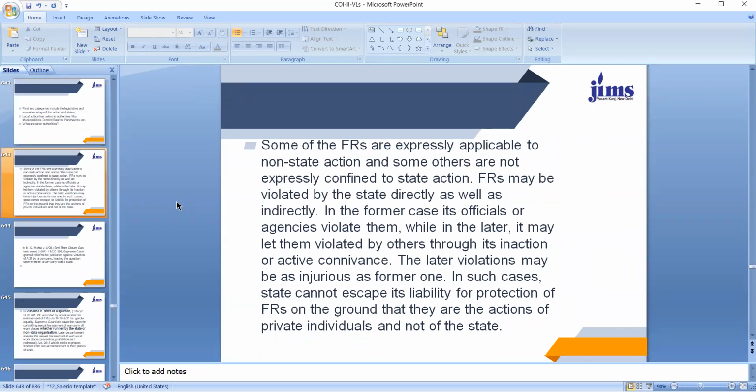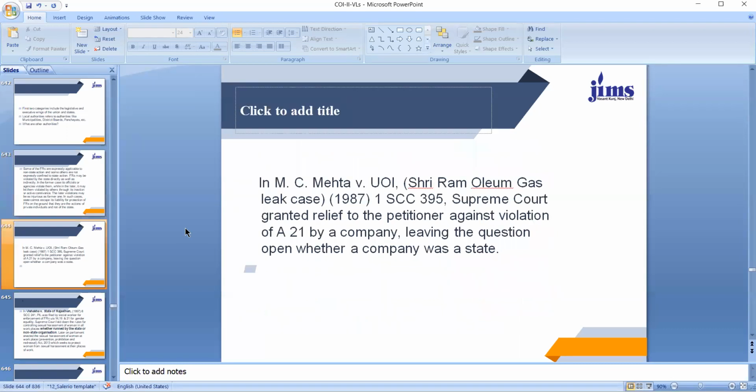In the former case, its officials or agencies violate them, while in the latter case, it may let them be violated by others through its inaction or active connivance. So the latter violations may be as injurious as the former ones. So in such cases, the state cannot escape its liability for the protection of fundamental rights on the ground that they are actions of private individuals and not actions of the state.